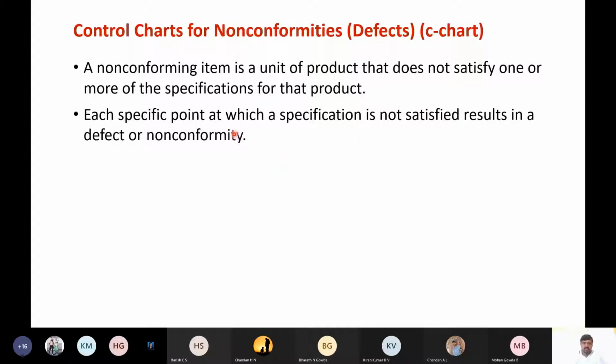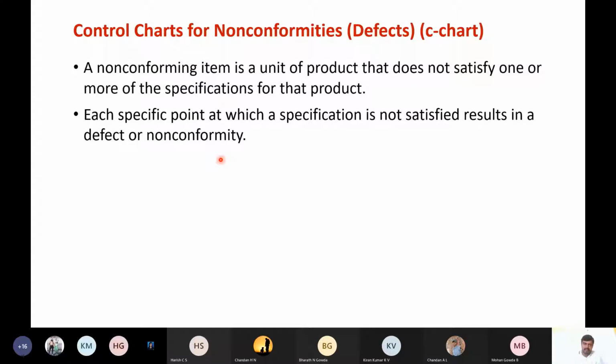Each specific point at which a specification is not satisfied results in a defect or non-conformity. If you consider a two-wheeler or four-wheeler or any vehicle, specifications may be mileage, speed. If it fails to give the assured mileage, that is also a defect.